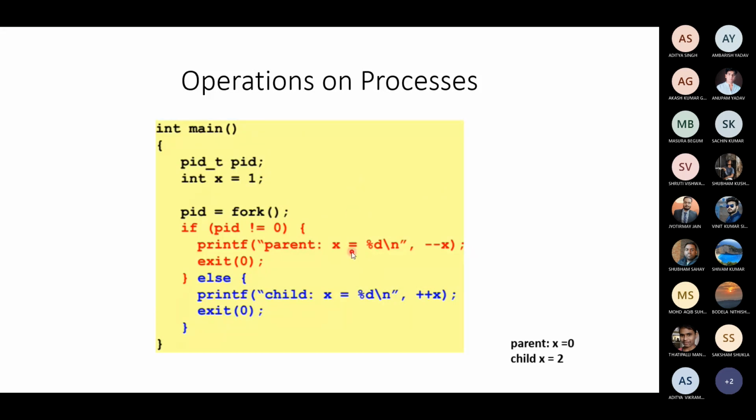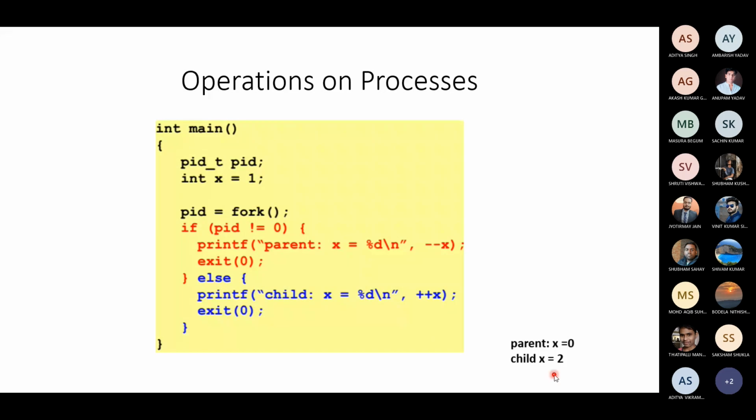When I'm printing the parent value, this statement will execute. From 1, it will decrement to 0. When a child is executing, the PID value will become 0. It will come to the else part. When this statement is executing, the value of x is 1 because of the fork. Fork will simply copy the values. So the x value will become 2.